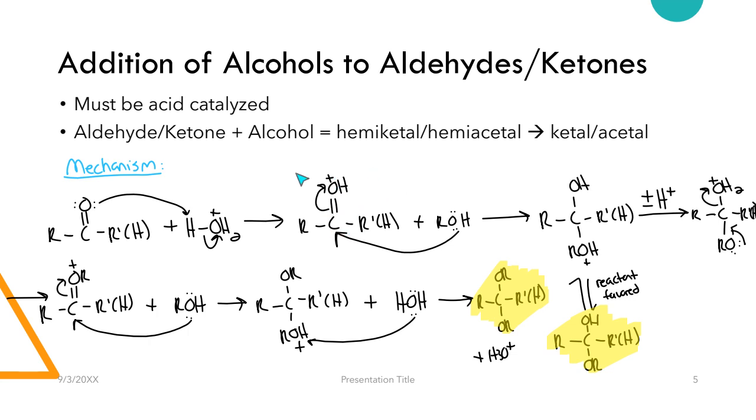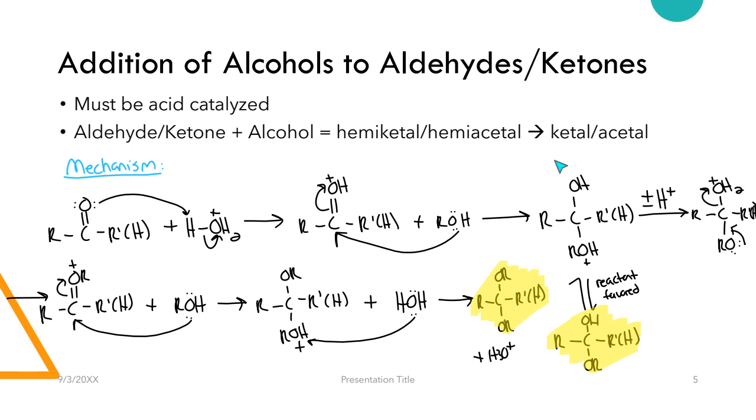And now I can react with the alcohol. So a lone pair of electrons from the oxygen of the alcohol will attack the carbon, which breaks this double bond, and these bonding electrons go to neutralize that positive charge. So we end up with this.